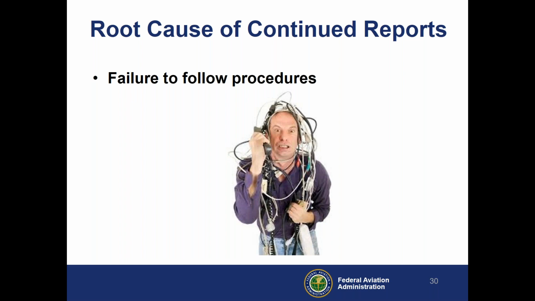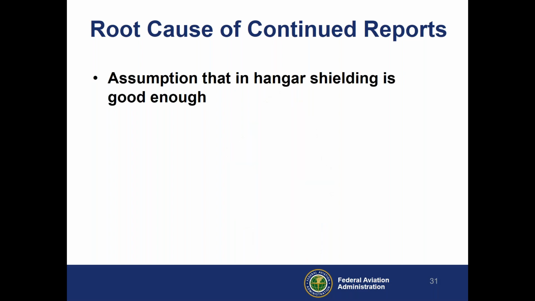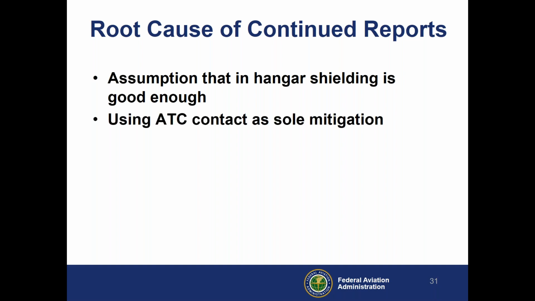Another reason is the procedures are there, but technicians just fail to follow the procedures. Making an assumption that hangar shielding is good enough to stop the leakage, as we've seen that it might help, but it's not going to stop the leakage from occurring. Using air traffic control contact as your sole mitigation.